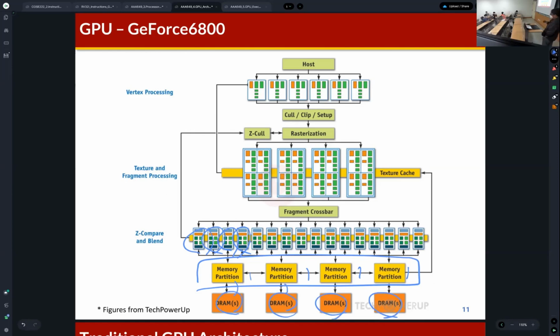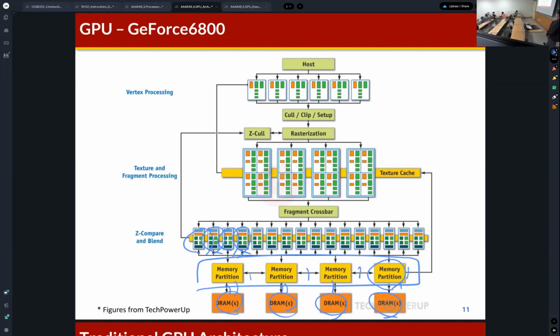So what is the benefit of this architecture? Each memory partition is connected to DRAM chips, which means that there are multiple channels that can access multiple DRAMs, which means we can increase the bandwidth to DRAM. As I mentioned, GPUs require high bandwidth from main memory to GPU device memory.